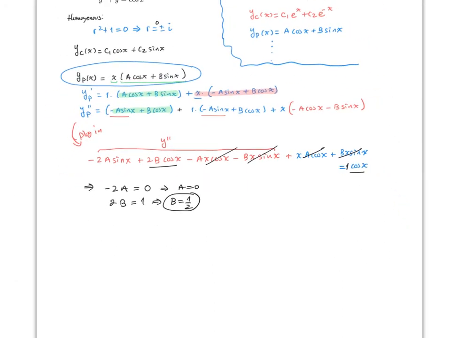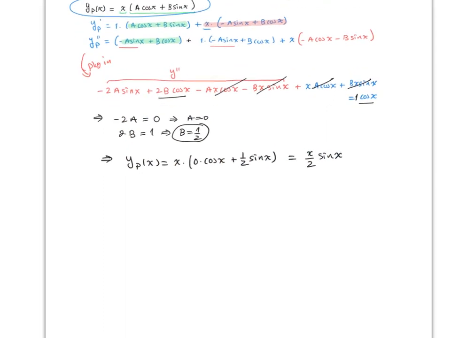So therefore the particular solution is going to be x times a, which is 0, plus b, which is 1 half, sine x, which will equal x over 2 sine x.